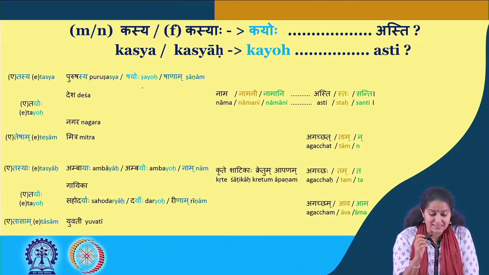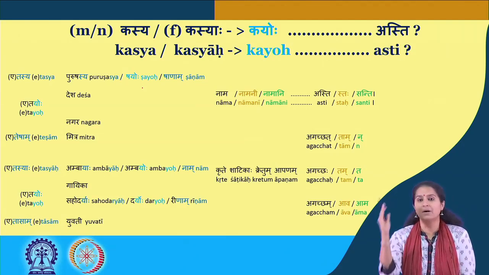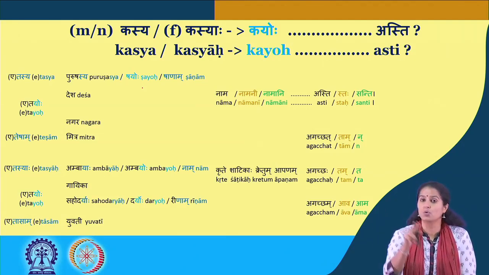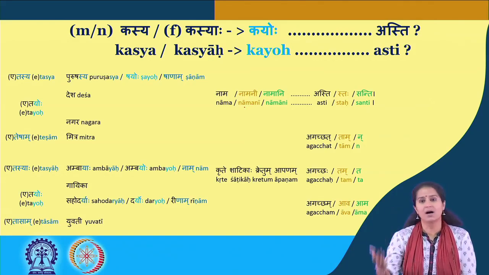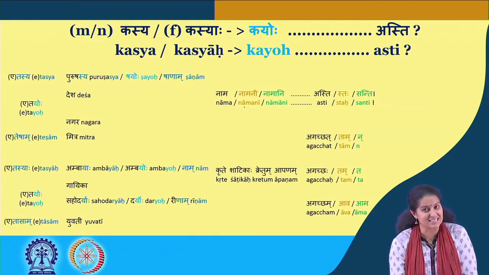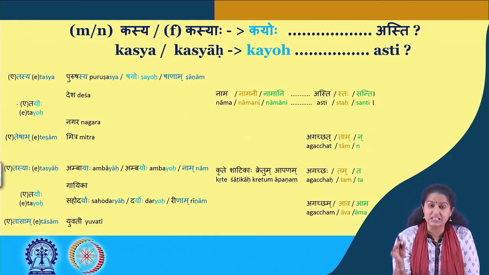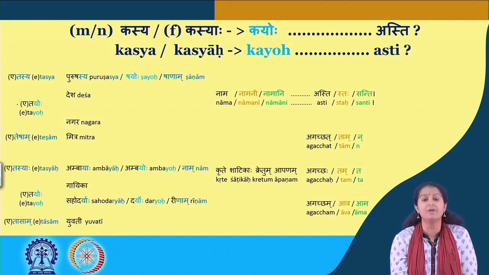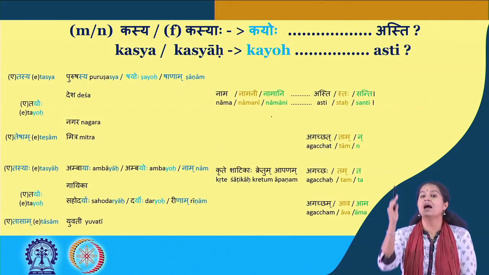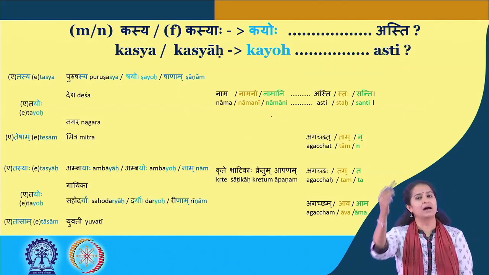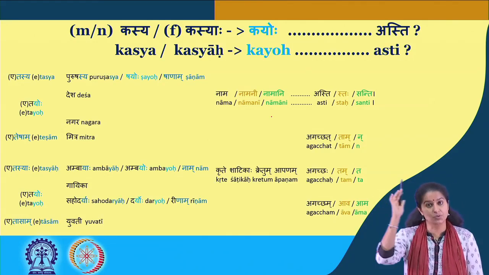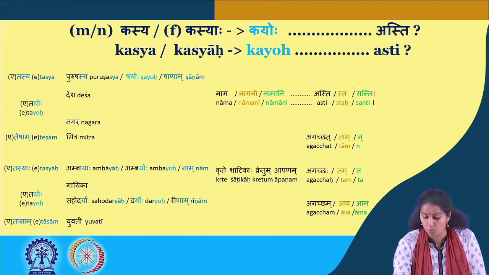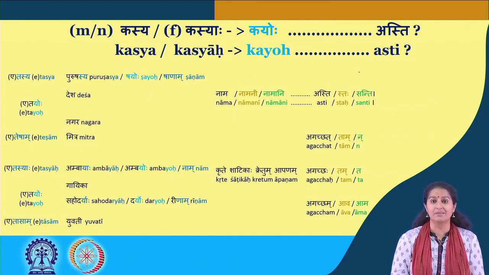So tasya purushasya nama vinayaha asti, two of them, tayoho purushayoho namani ashokaha ashutoshaha cha staha, and tesham purushanam namani bibhanshuda sumanda piyushaha rajeshaha cha santi. So the verb has to go with the number of the names there.